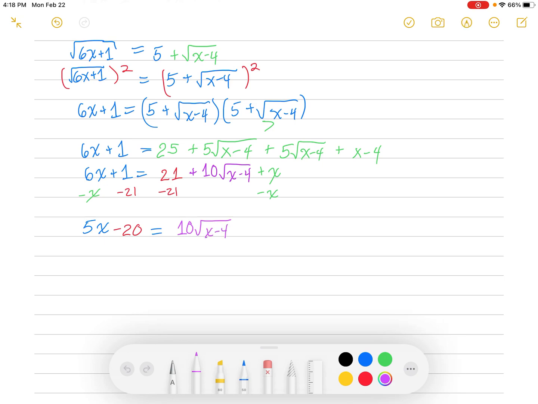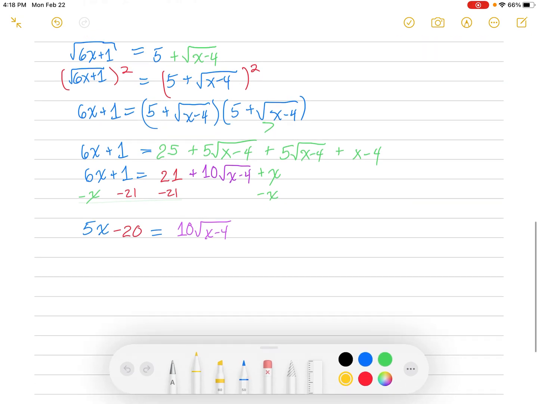So we're going to have to eliminate that radical. So let's square each side. I'm going to square this side. And if I do the right side, I have to do the left side. So on the left side, I'm going to FOIL out 5x minus 20 times 5x minus 20. That's what it means to square. On the right side, I'm going to have 10 squared is 100.